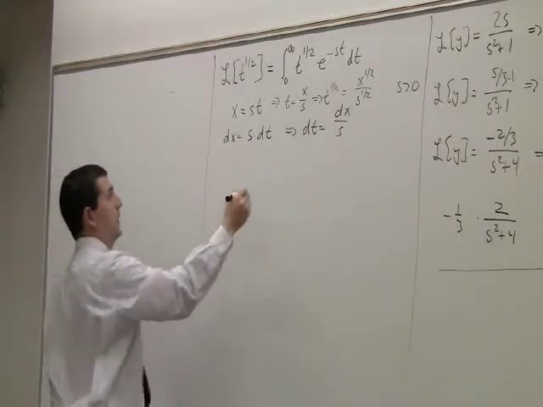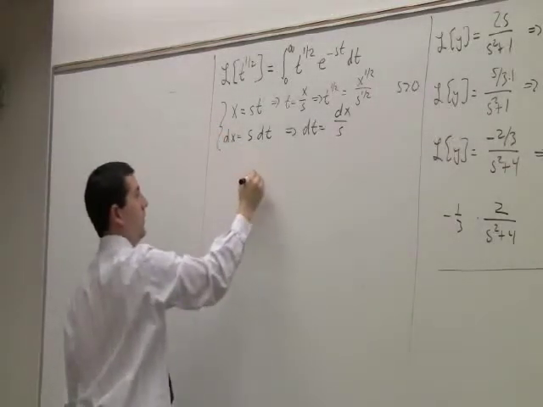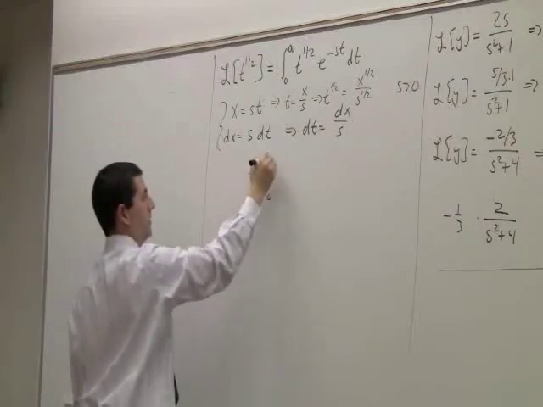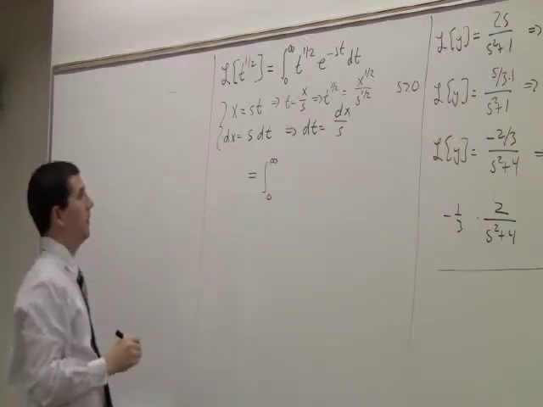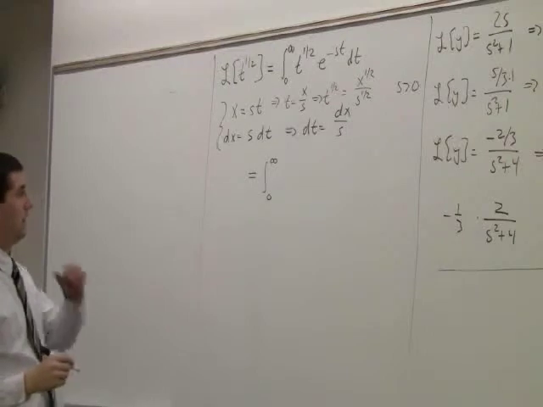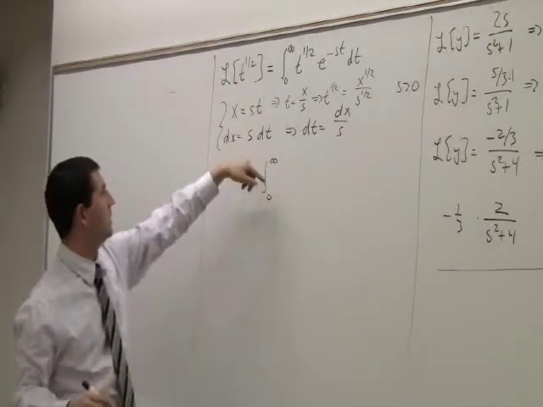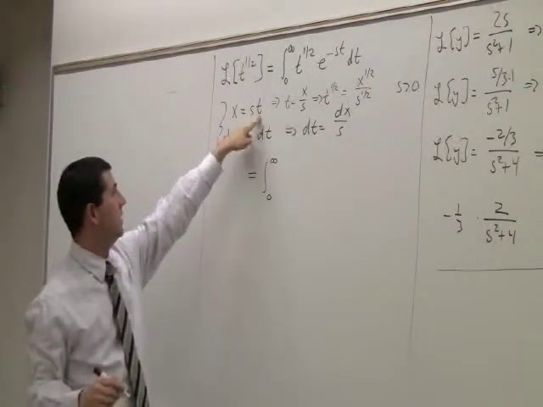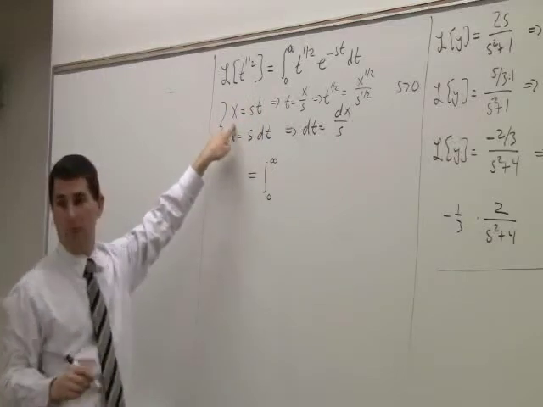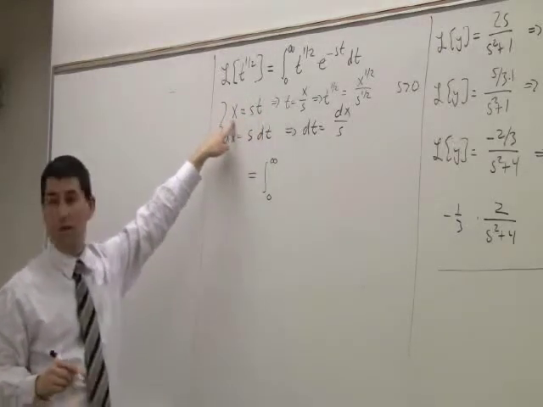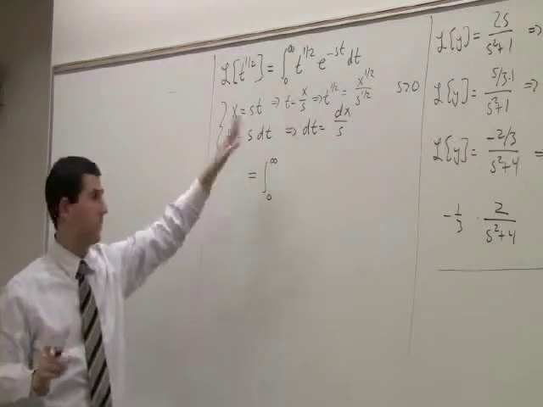Okay, then doing all this, I could rewrite my stuff. As far as the limits go, when t is 0, x will be 0, and when t goes to infinity, x goes to infinity because s is positive. So the limits don't change.